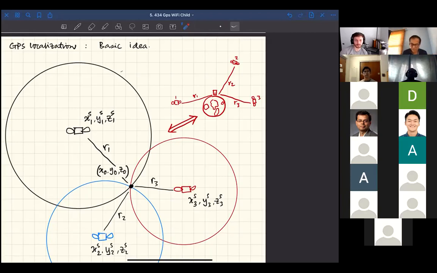And I'm trying to figure out X0, Y0, Z0. Yeah, X0, Y0, Z0 is the only unknown. R1 we need to measure, but Xi, Yi, Zi, i not equal to 0, are all known.